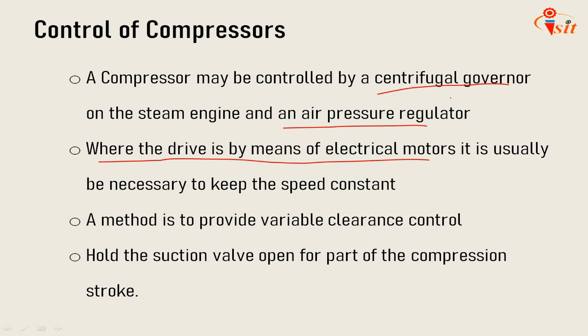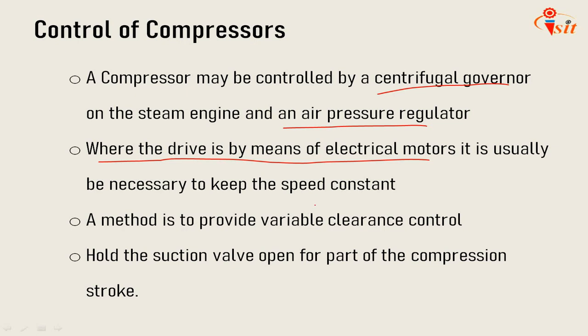Third method is to provide a variable clearance control because it affords some control over the volumetric efficiency. This is achieved by having air pockets adjacent to the cylinder which are brought into communication with the cylinder by automatically operated valves.